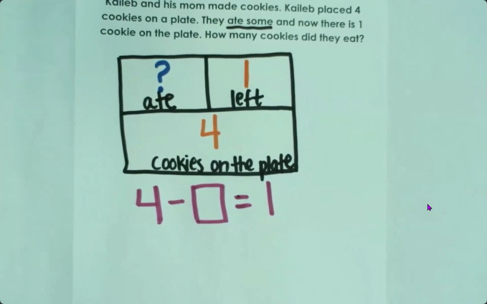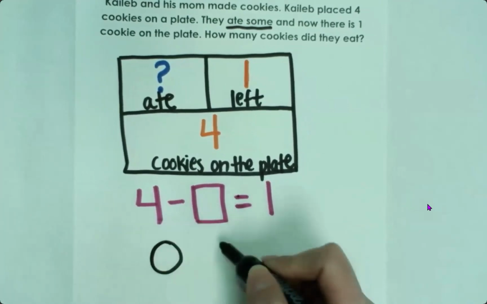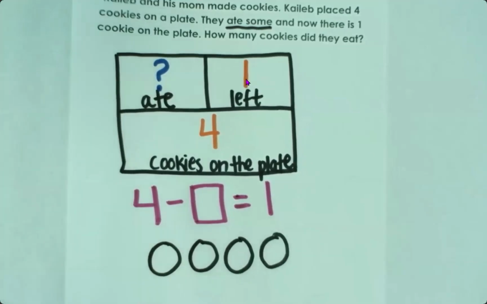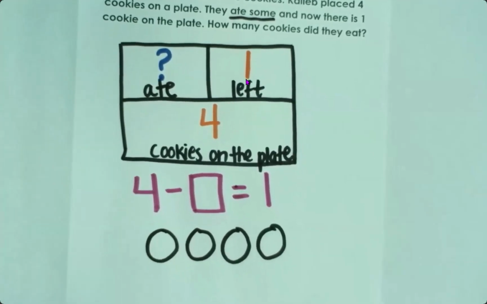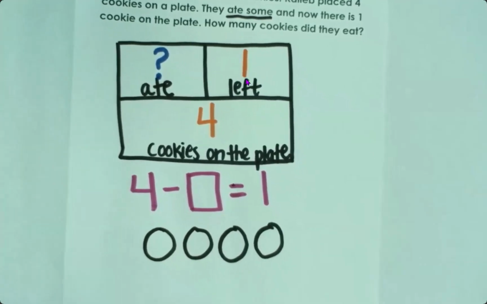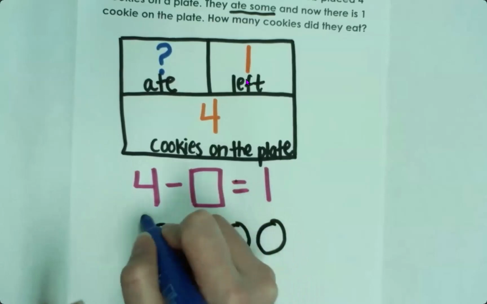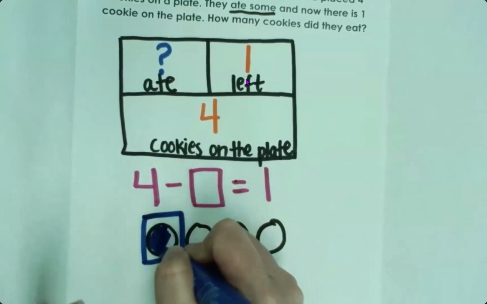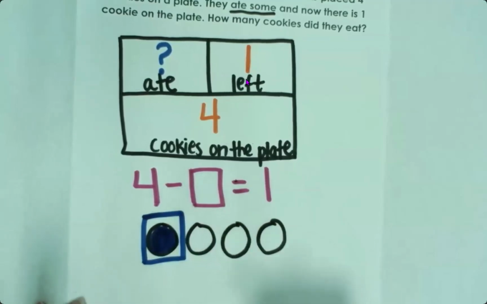So I'm going to model my 4 cookies. 1, 2, 3, 4. I don't know how many cookies they ate, but I do know that there is 1 cookie left on the plate. So I'm going to go ahead and show that this is my 1 cookie left on the plate. Here's my cookie on the plate.